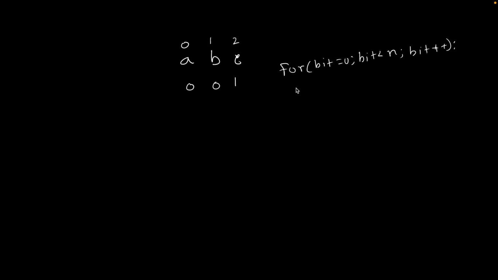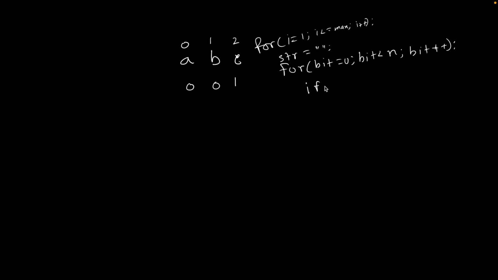This is our loop. Inside it we will have a loop for i equals 1, i less than or equal to max, i plus plus, and here we have a string str equal to an empty string.